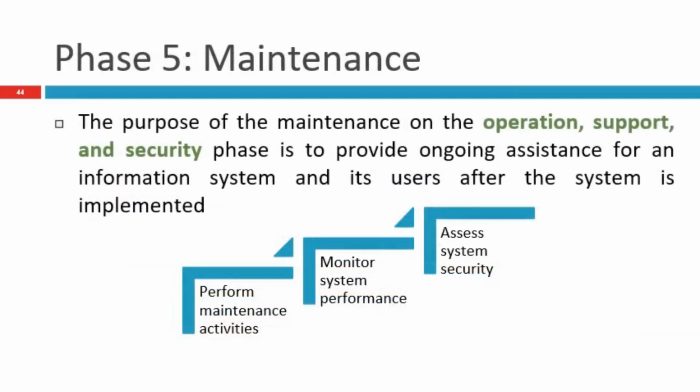Phase 5, maintenance. This is the last phase of the SDLC, the maintenance phase. The purpose of the maintenance, or operation, support and security phase, is to provide ongoing assistance for an information system and its users after the system is implemented.